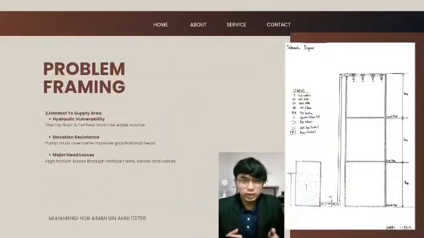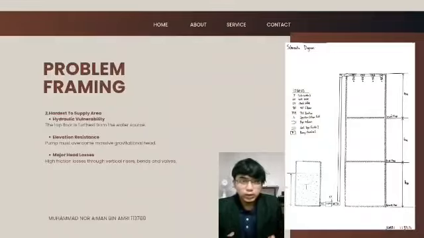Point 2, which is the hardest to supply area. From a fluid mechanics perspective, the highest floor of the building is always the hardest to supply because it is located furthest from the water source. To deliver water effectively to this zone, the system must overcome massive gravitational resistance known as elevation head.